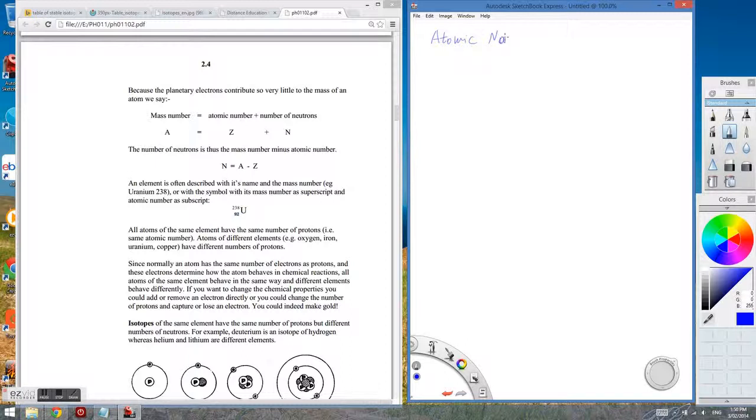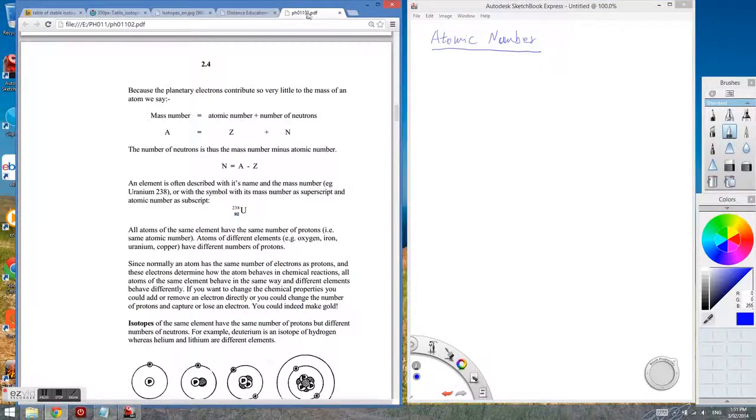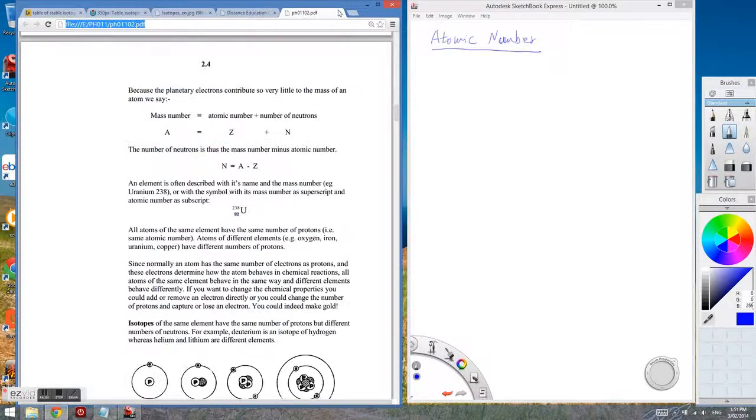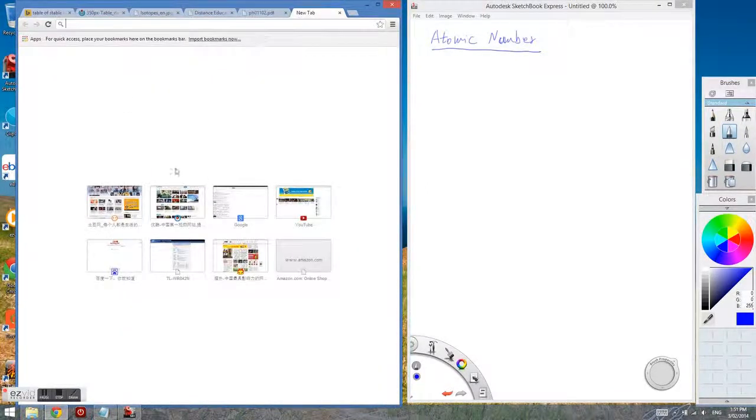The atomic number is the most important information of an element.